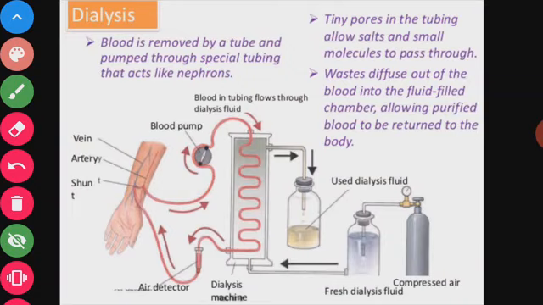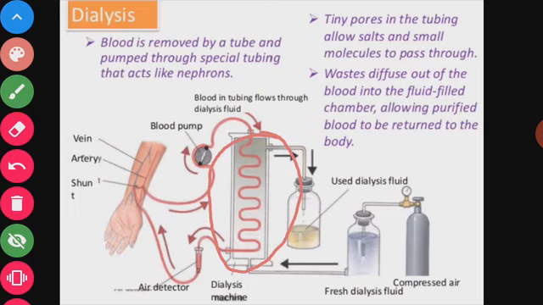Here urea and the excess salts are removed from the blood using a semi-permeable membrane. This semi-permeable membrane helps us to remove the urea and the excess salts present in the blood.